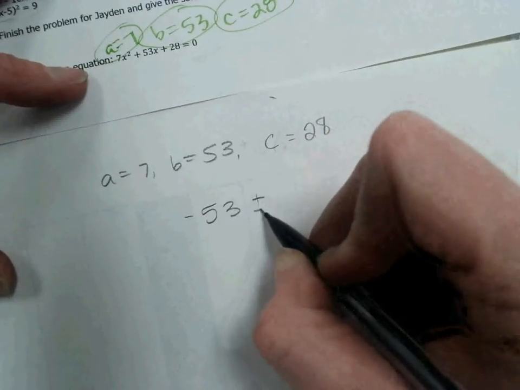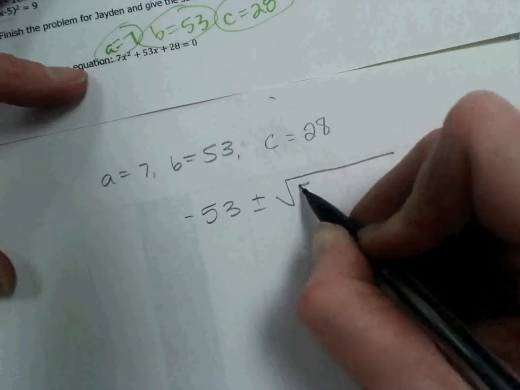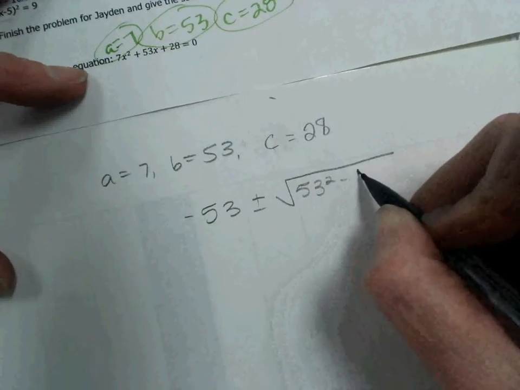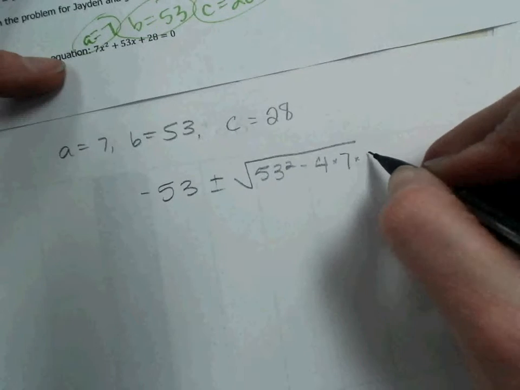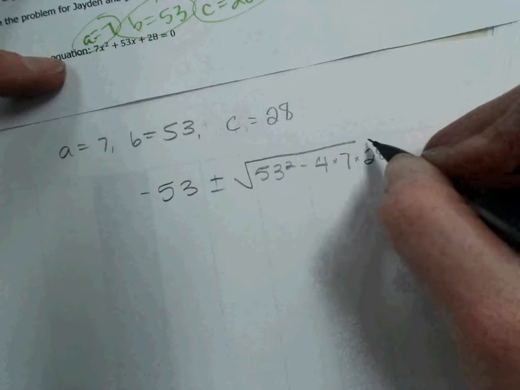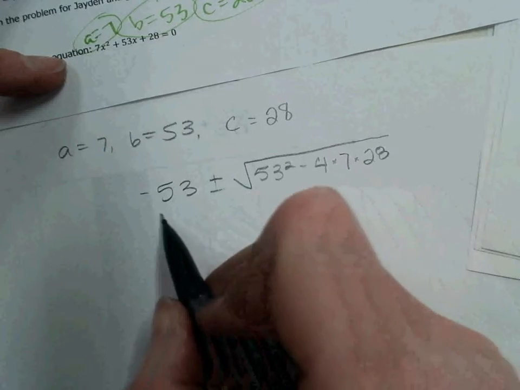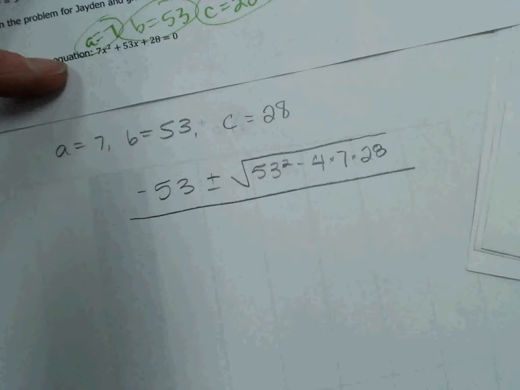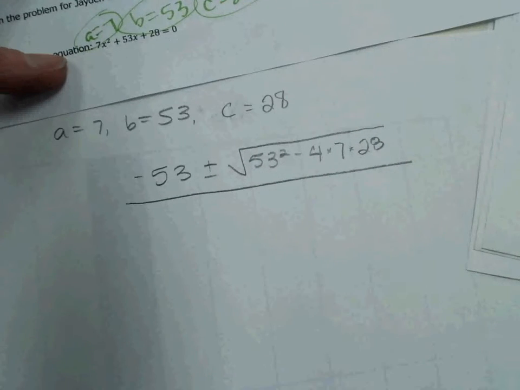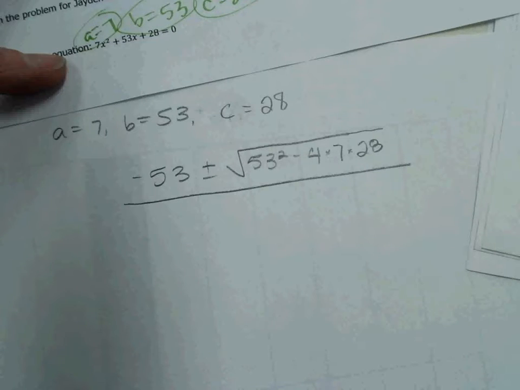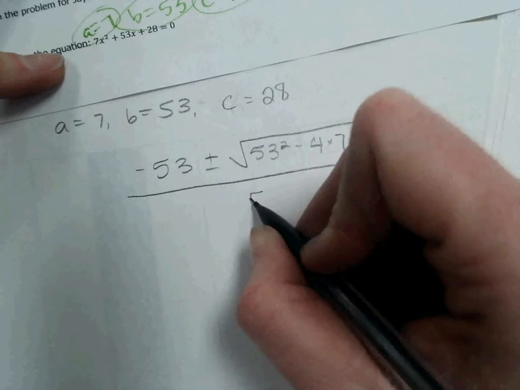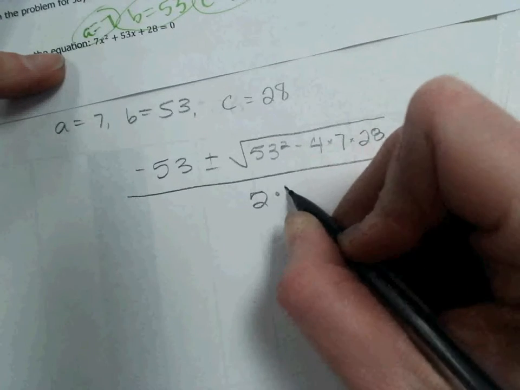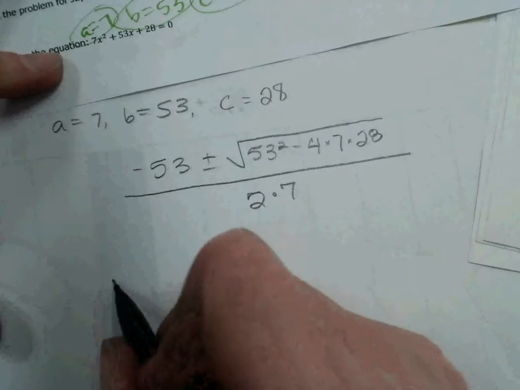Opposite of B, plus or minus the square root of B squared minus 4 times A times C. I put the little times symbol in there instead of parentheses because when we do use our graphing calculator, I recommend using the times symbol because it can get complicated how many different parentheses we have involved. And then over 2A.